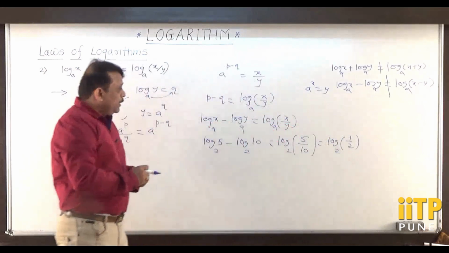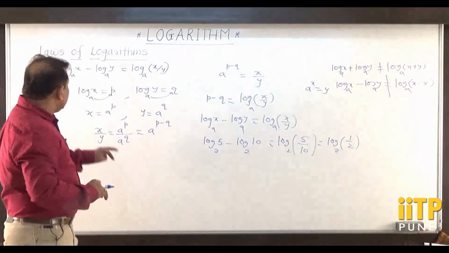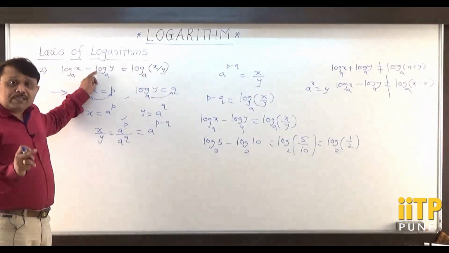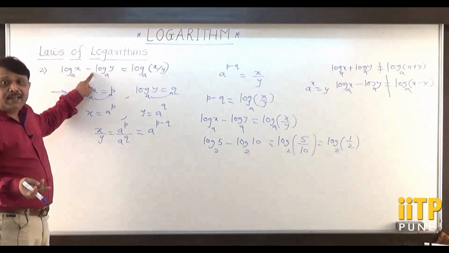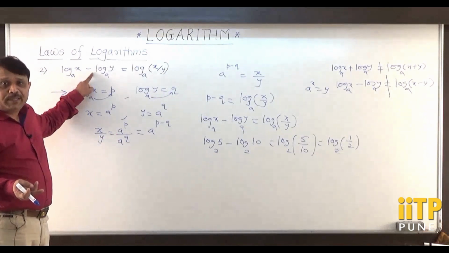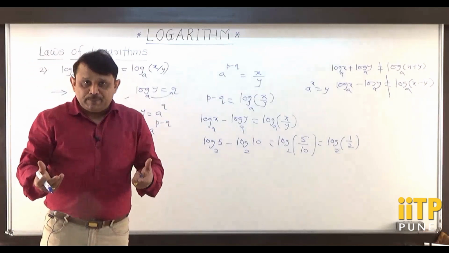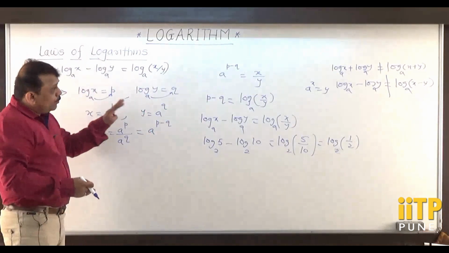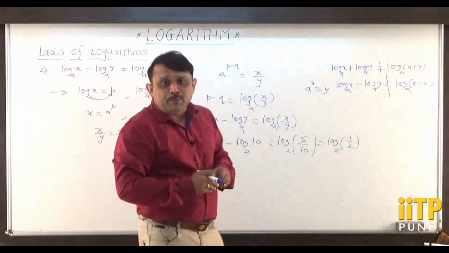This way one can talk about the difference of logarithms. Here the coefficients are either 1 or what? Minus 1. Unless you have coefficients of logarithms 1 or minus 1, you cannot add or subtract logarithms. So follow these rules. You can apply these rules in solving problems also.